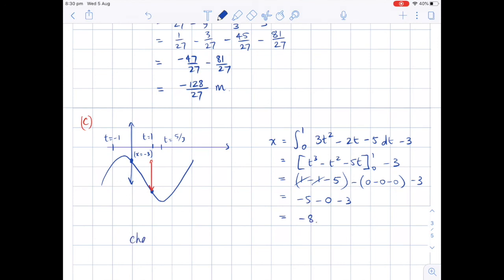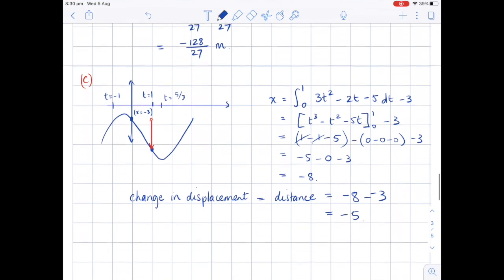So the change in displacement equals the distance, which is equal to -8 take away -3, which equals -5.